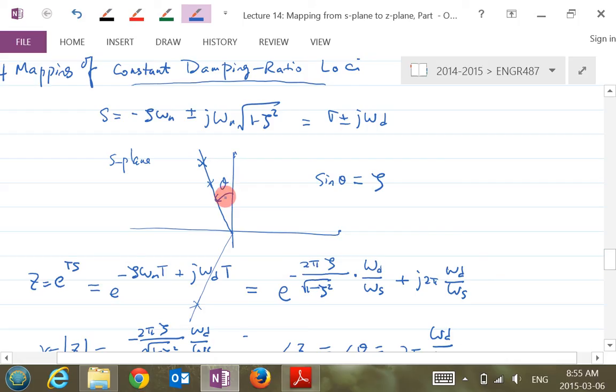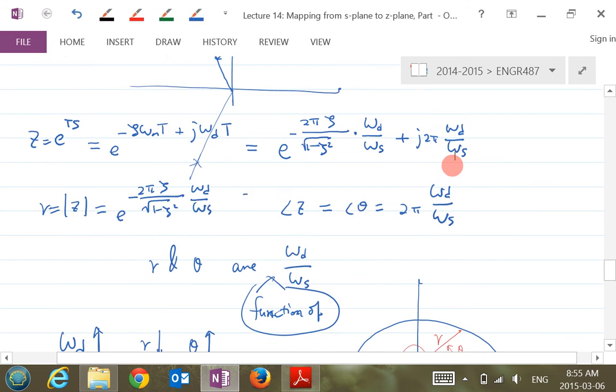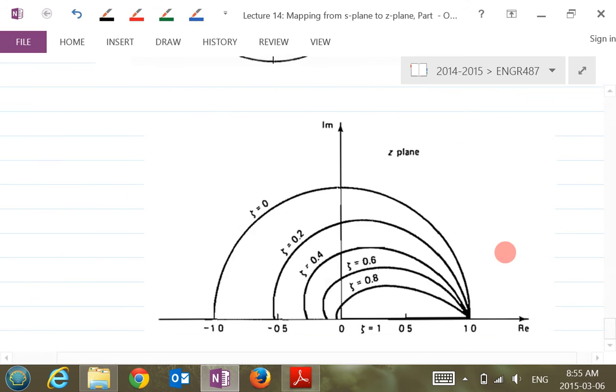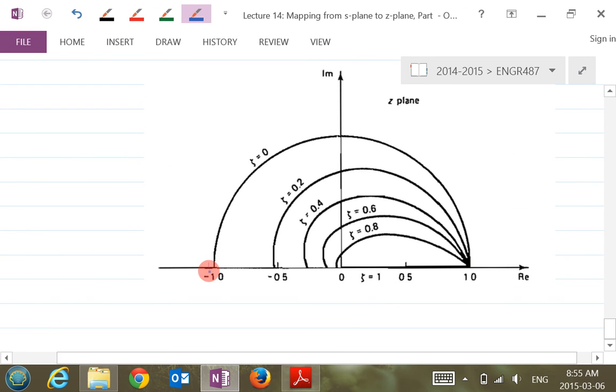Zeta equal to 0 means theta equal to 0, so which line is that? Starting from here, it's the j omega axis, right? So it makes perfect sense: the j omega axis is mapped into the circle here. And you have the other half, which is basically just a mirror of it.